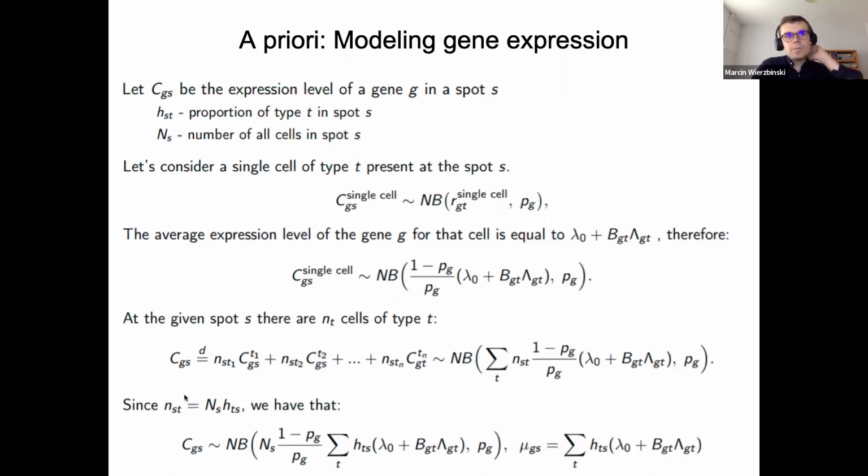Here N_S means the number of all cells in spot S, and here is a hidden decomposition for type T within this spot.